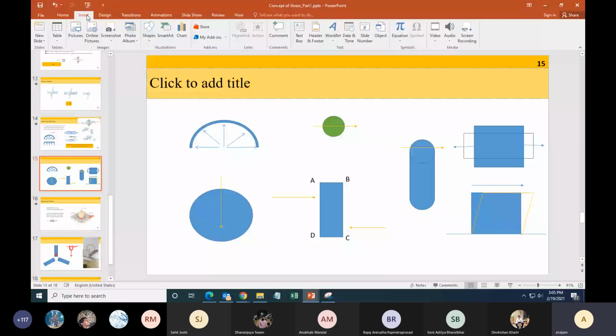This will most likely go like this. What will be the shape?